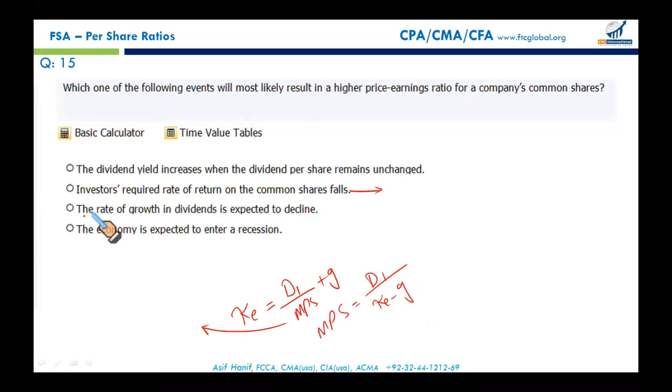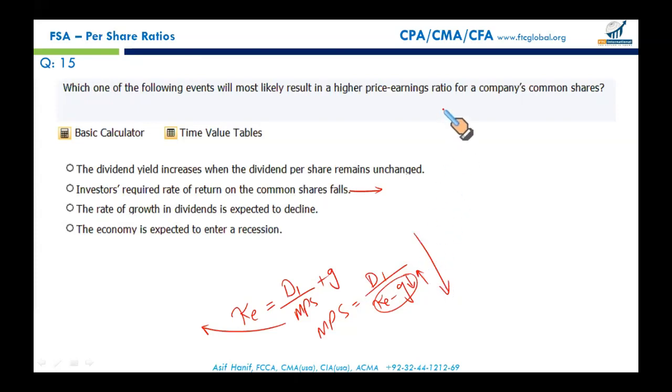Now let's check option C. The rate of growth in dividend is expected to decline. If G is going to go down, that means your denominator will become bigger, because when the G falls, you will deduct a smaller G from KE, so your overall denominator increases. If it increases, the overall market price per share will fall.